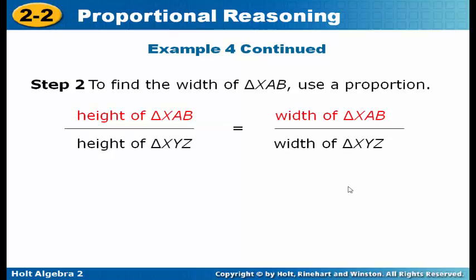Height of triangle XAB over height of triangle XYZ equals width of triangle XAB over width of triangle XYZ. So 3 over 9 equals x over 6. So the unknown, the width of triangle XAB, equals 3 times 6 over 9, which is 18 over 9 equals 2.